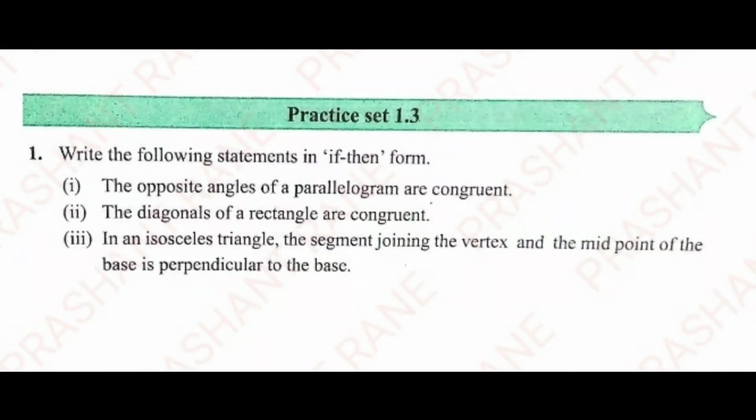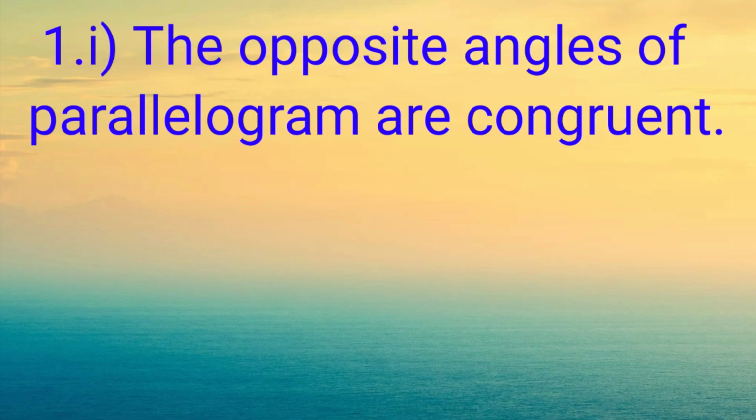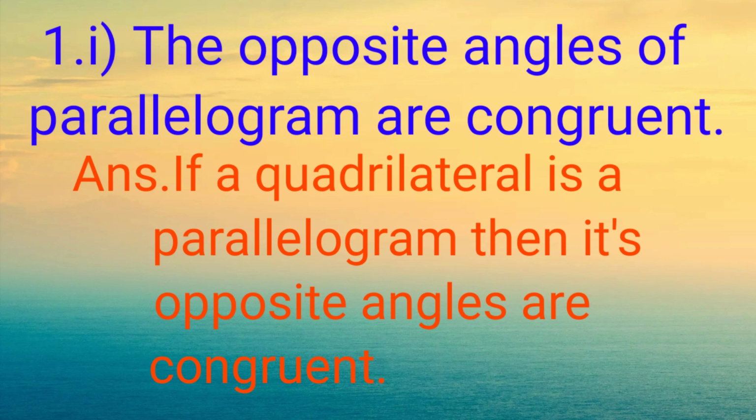Practice set 1.3. Write the following statements in if-then form. It means conditional statement. The first one is the opposite angles of a parallelogram are congruent. Here quadrilateral is a parallelogram, opposite angles are congruent.